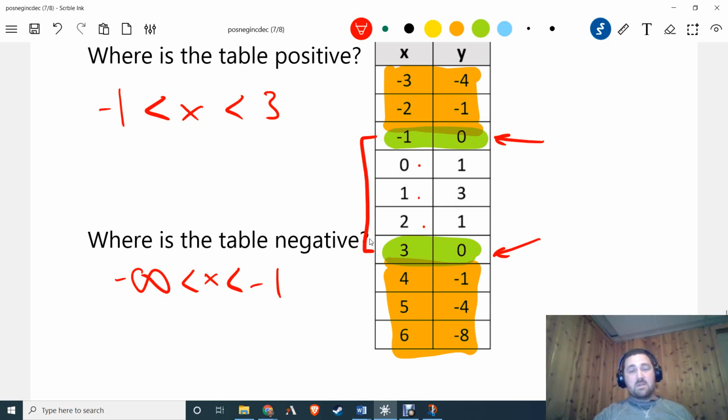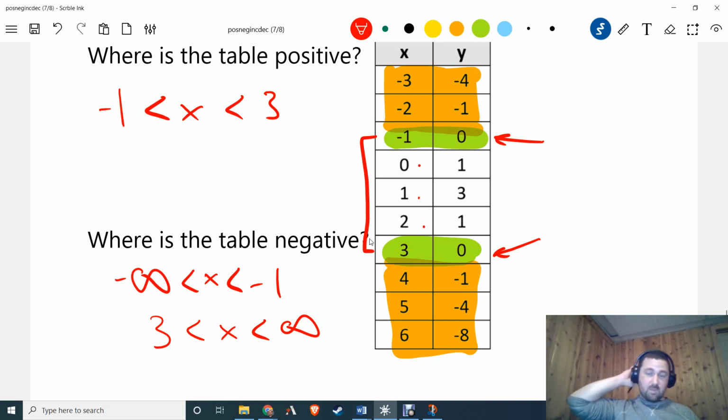And on the top side, it starts being negative at 3, and it goes all the way from 3 to positive infinity. So even with the table, we can include these ideas of negative and positive infinity, imagining the table keeps going on and on.